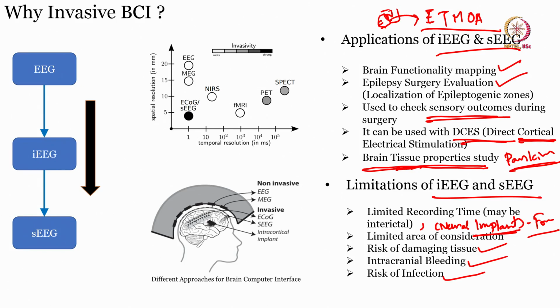It also shows the importance of microelectrodes, the usage of a microelectrode array. By the way, iEEG and sEEG use microelectrodes, while normal EEG uses macroelectrodes. Which type of electrode?